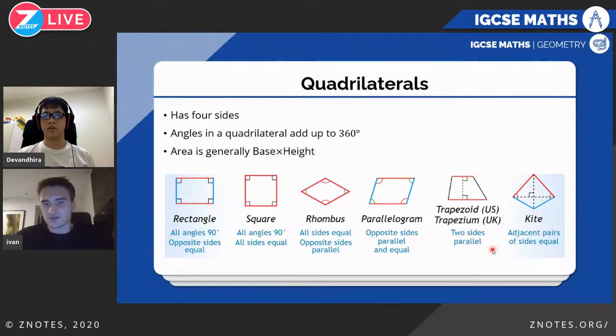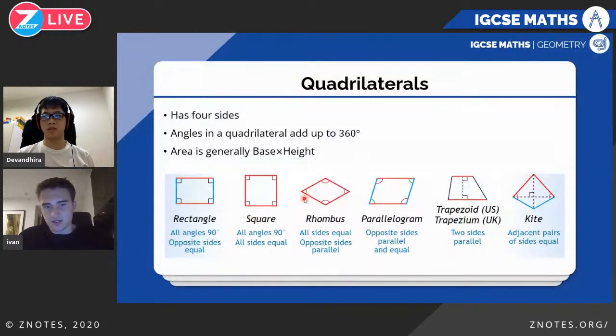So if it comes up, just remember that. Area in a quadrilateral is base times height. So generally area is base times height. However, we have to be clear about what we mean by height in each case. So to calculate the area of this rectangle, just this side, the length times the width. This is just width squared or length squared because it's a square.